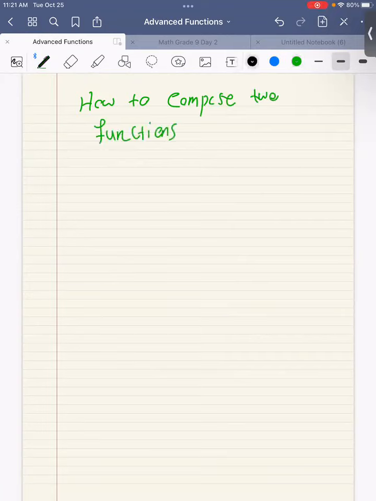The picture you should have in mind is that you have a function f that takes x to, say, y, and there is another function g that takes y to z.